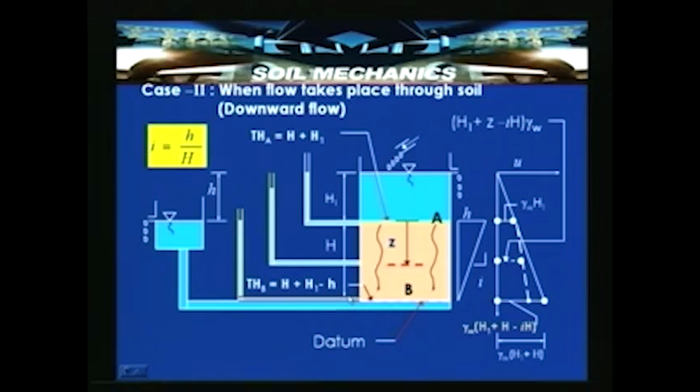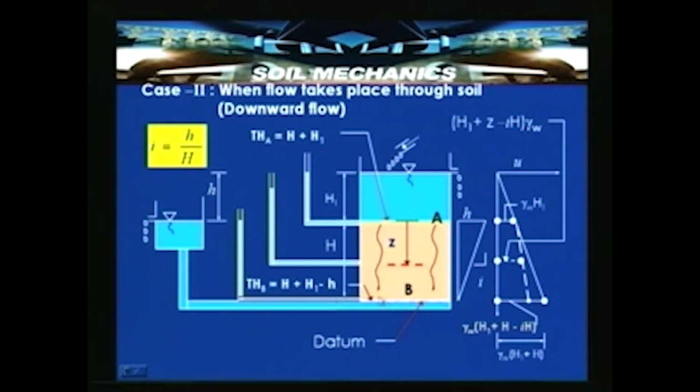So the total head at A is H plus H1. Now, when you come to point B, at the bottom of the sample, the total head at B is equal to H plus H1 minus h.